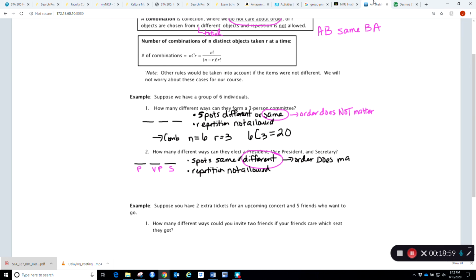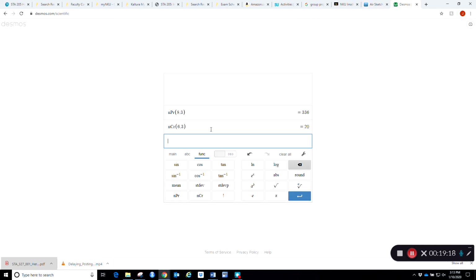So now I'm going to be using a permutation. Where my N is 6 and my R is 3. So that's going to give us 120.